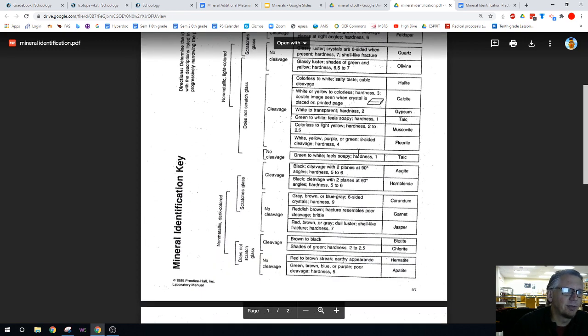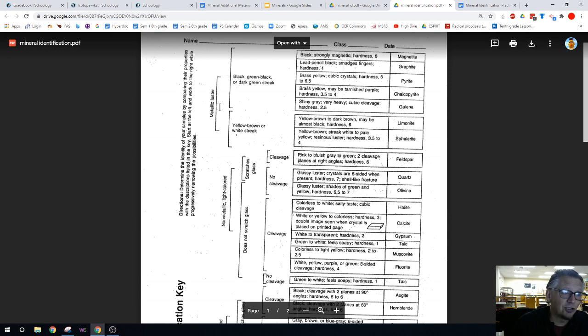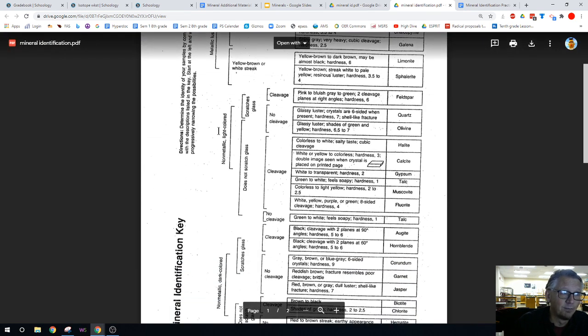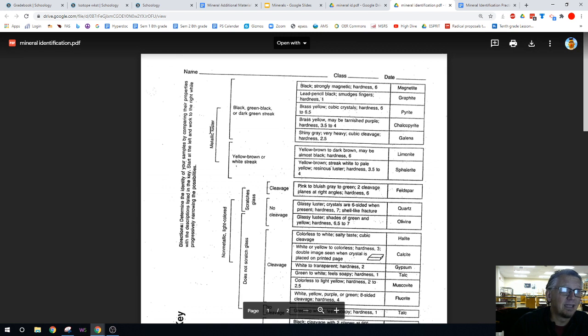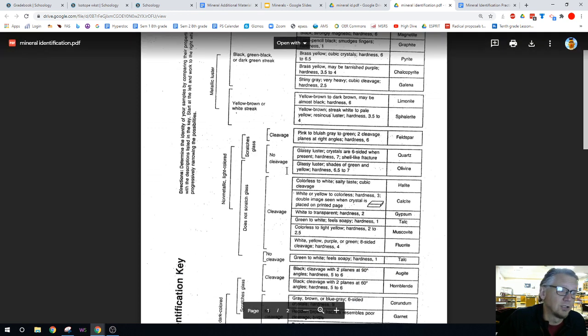This one here is a little bit older, but I like it because it starts off with metallic luster and non-metallic luster. And if it's metallic luster, is its streak black, green, or dark green, or does it have a yellow, brown, or white streak? Now, the reason why it might have a white streak is because it's harder than the plate, or it's just got lighter colors.